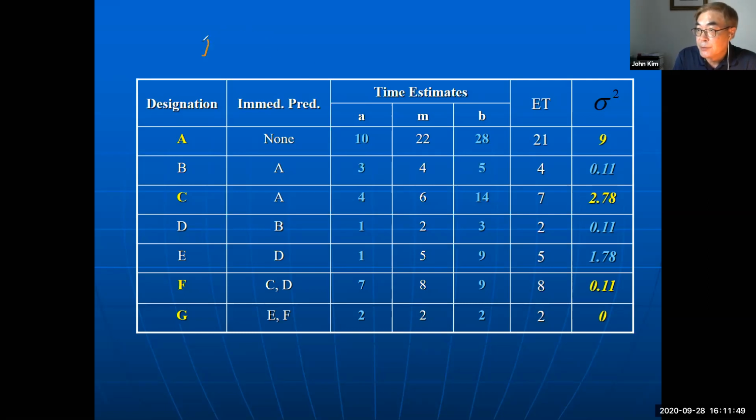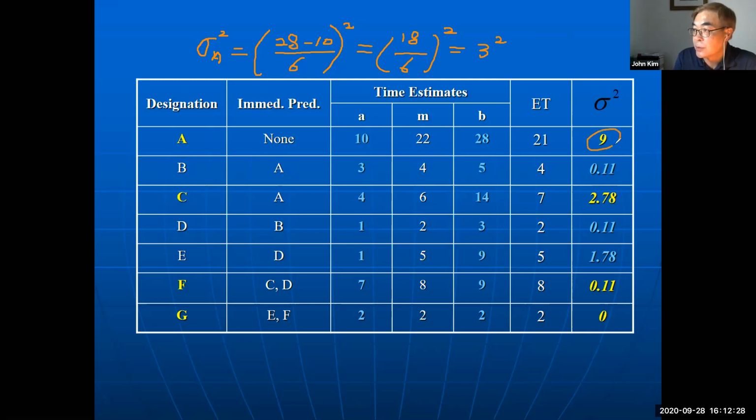So variance for activity A equals B, 28, minus A, 10, divided by 6 and squared, equals 28 minus 10, 18, divided by 6, squared, equals 3 squared. So it is 9.